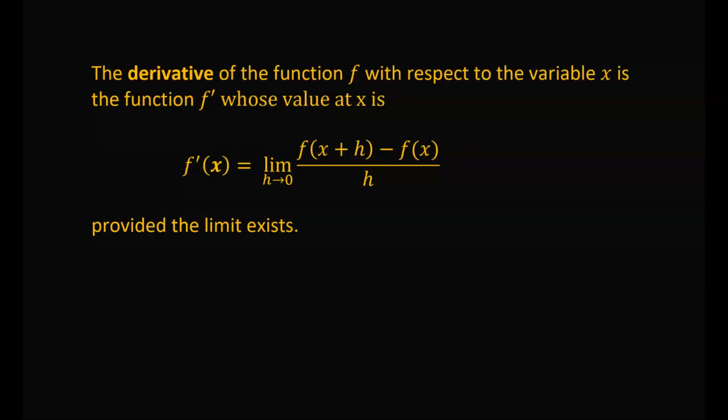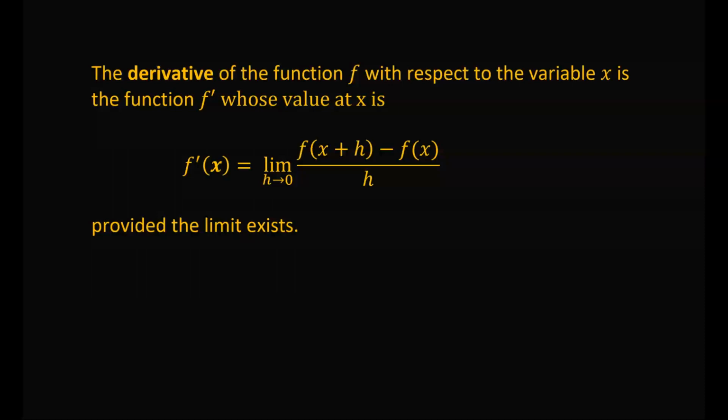Now we can define the derivative of the function f with respect to the variable x to be the function f prime, whose value at x, so the output of the function, is the limit of the difference quotient, provided the limit exists. And we'll find this is much more useful to work with because then instead of finding the derivative at each point of the function, we simply find a formula that works for the entire function, and then we can plug in different values of x.